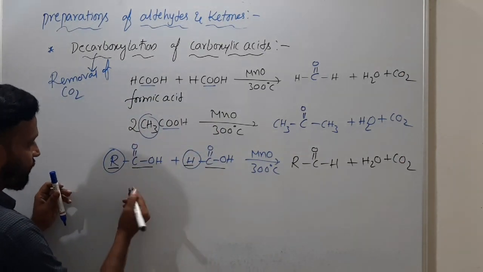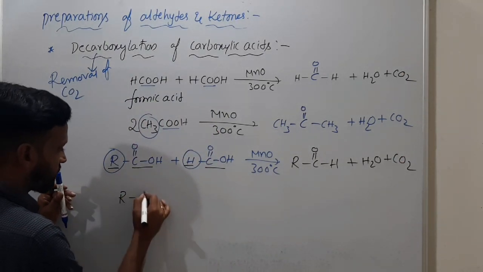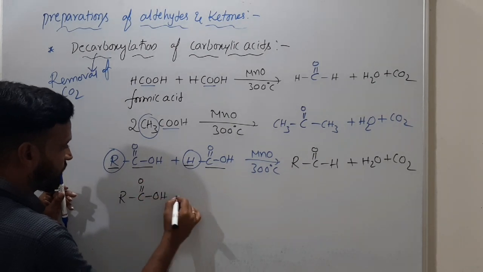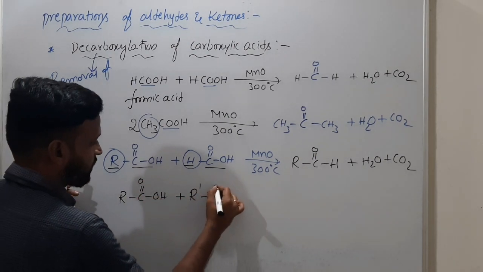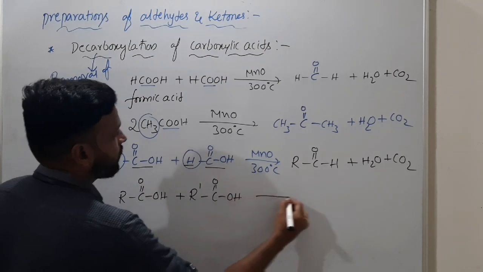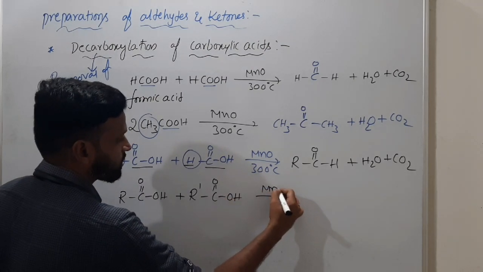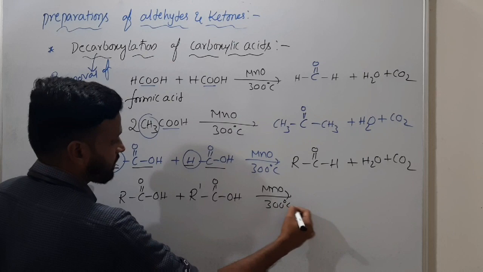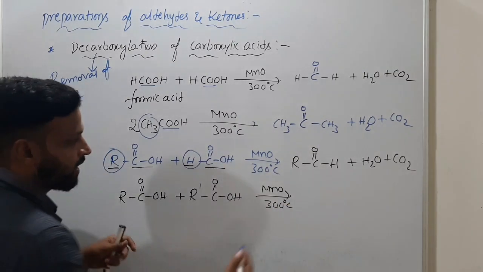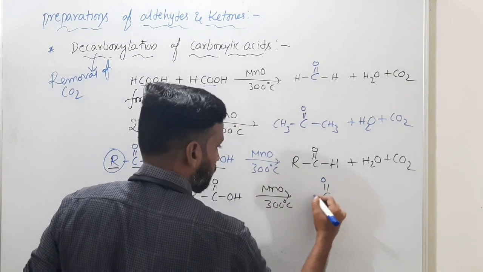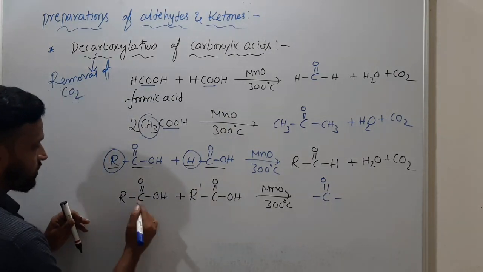What if different acids are given, like RC double bond O OH plus R' C double bond O OH, two different types of acids at 300 degrees Celsius? What to do? Very simple. First you write C double bond O, with both sides the same story.